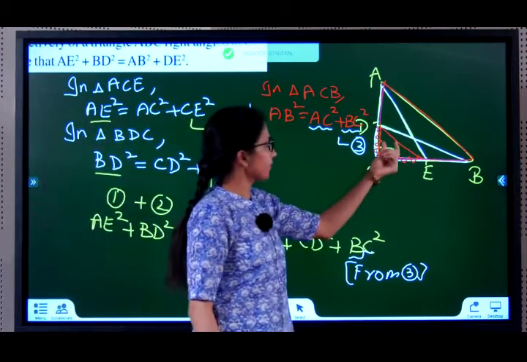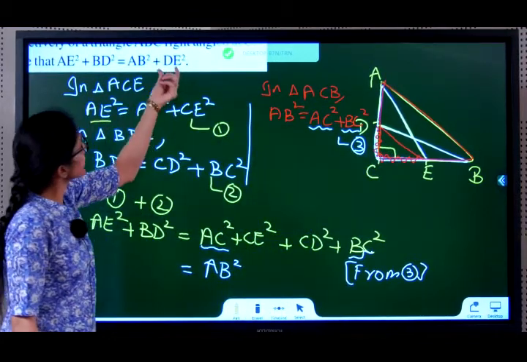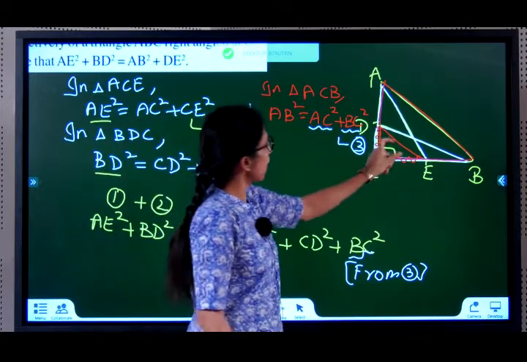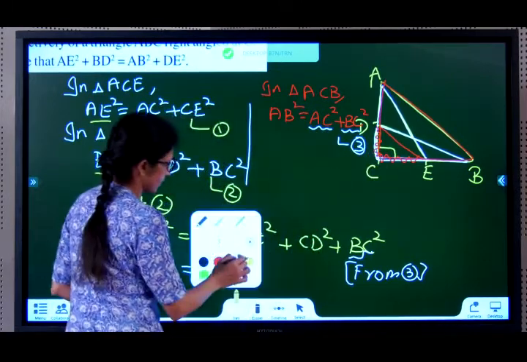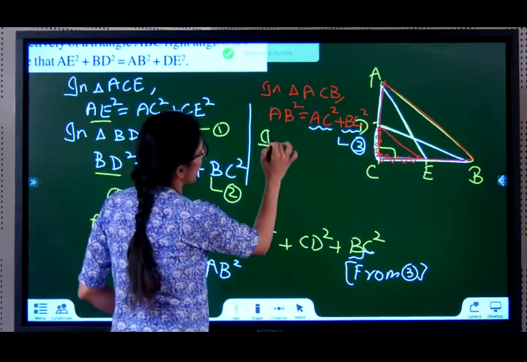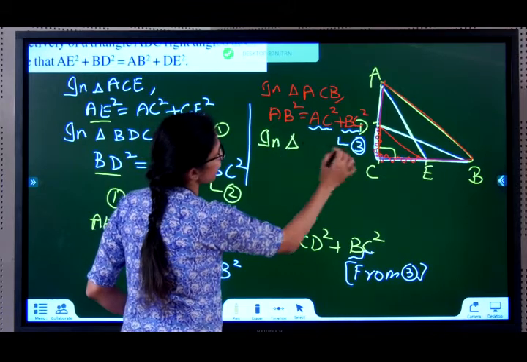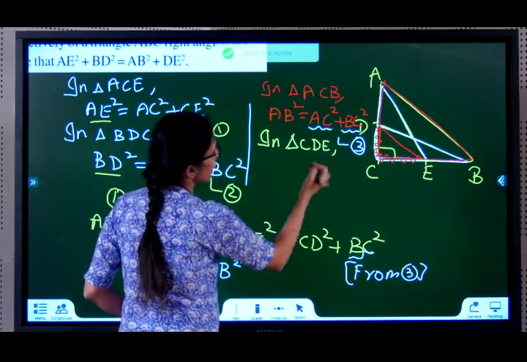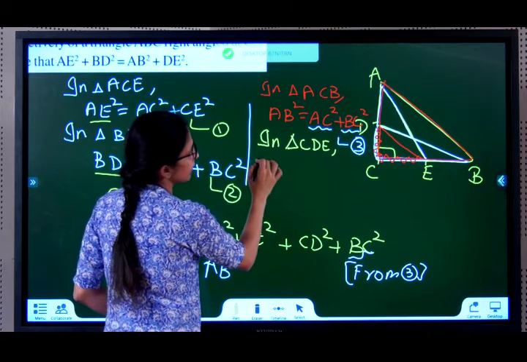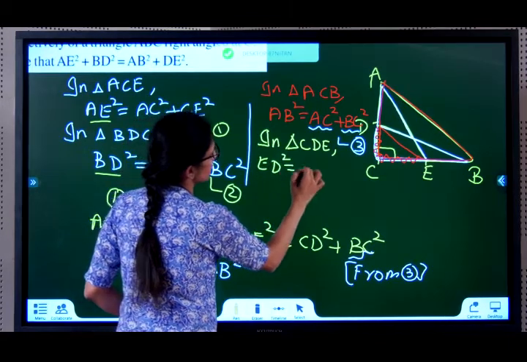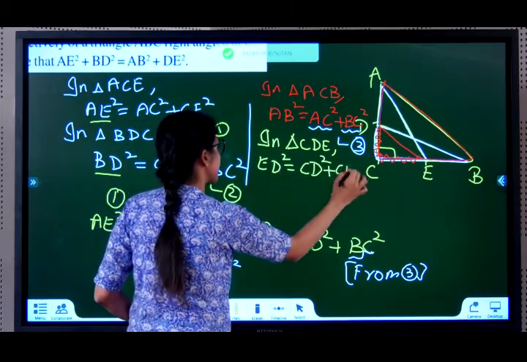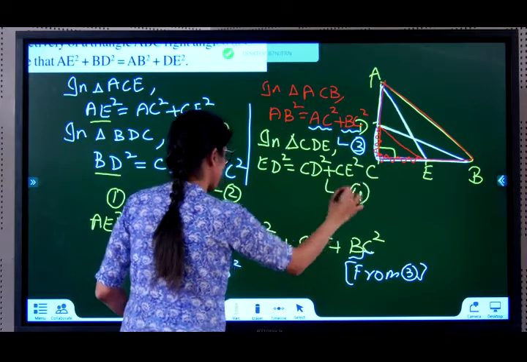So I have not joined these lines DE. So you have to add that as your Pythagoras theorem as well. So I will add that extra triangle that I want, in triangle CDE. What will be my Pythagoras theorem? ED square is equal to CD square plus CE square. Let this be equation 4.